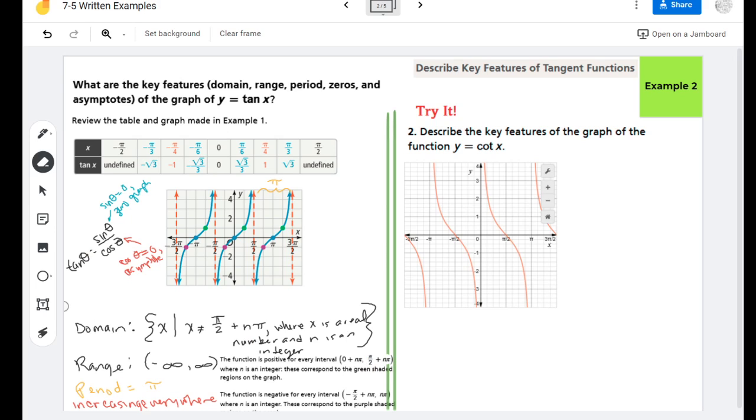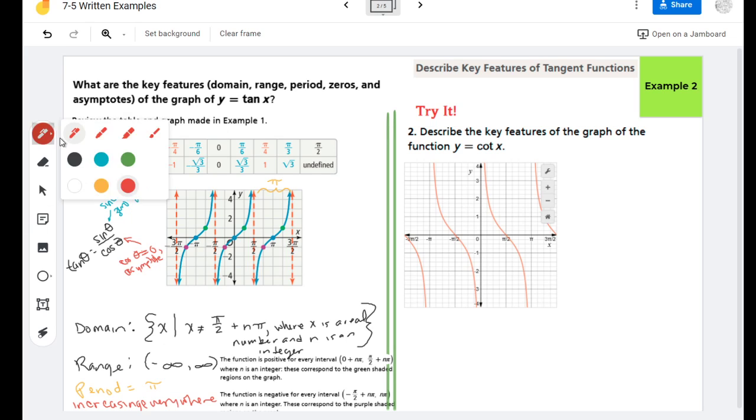So what they're saying there is that the function is positive. I could probably shade part of this. So the function is positive only in this section. So it's in half of every single iteration of the graph.